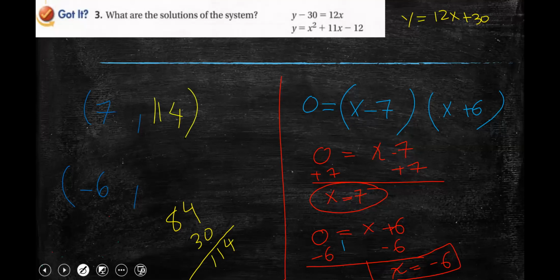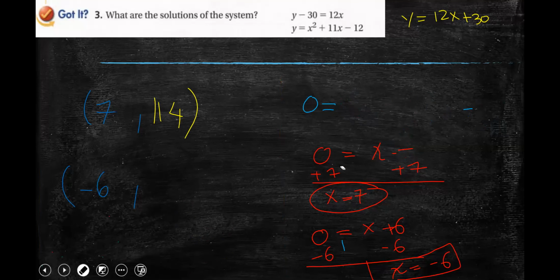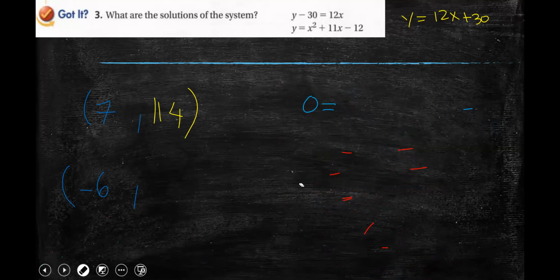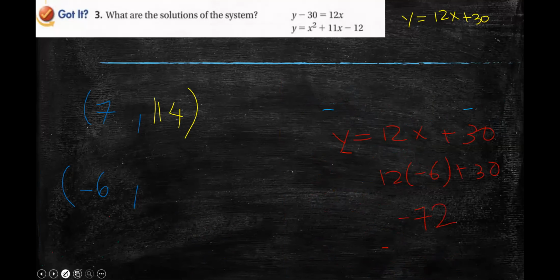The second one, 12 times -6 equals -72. -72 plus 30 will be -42.